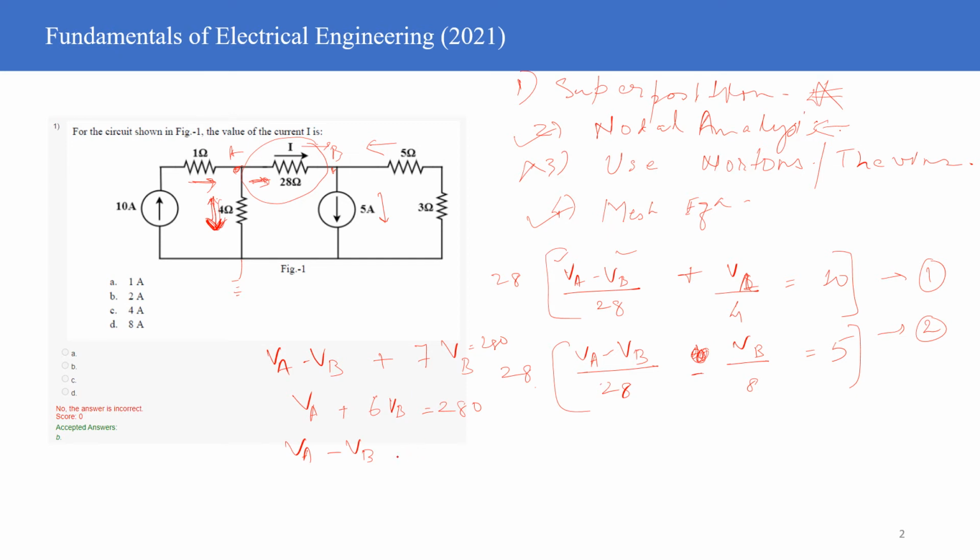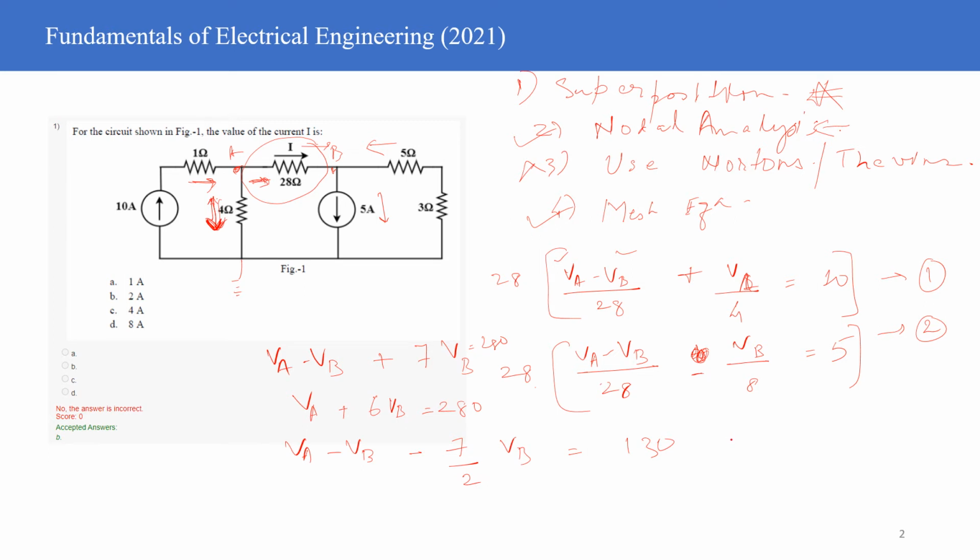So the second equation will give you 7 by 2 VB is equal to 28 into 5, which is 140. Correct, guys? Let me know if I'm making mistakes here.